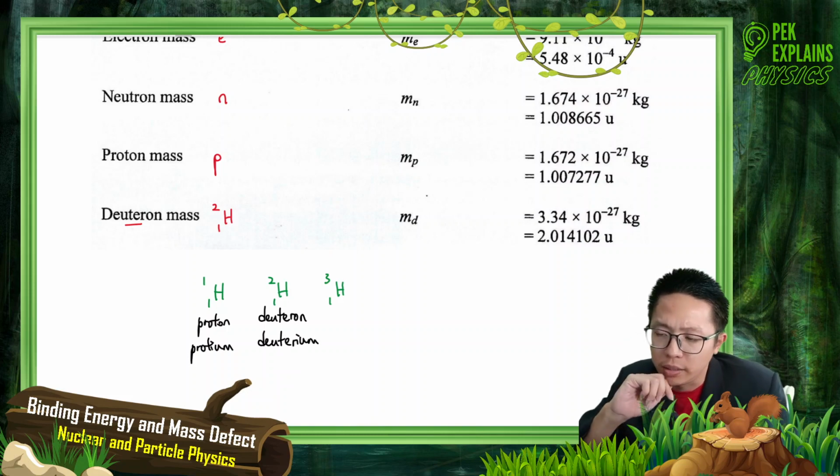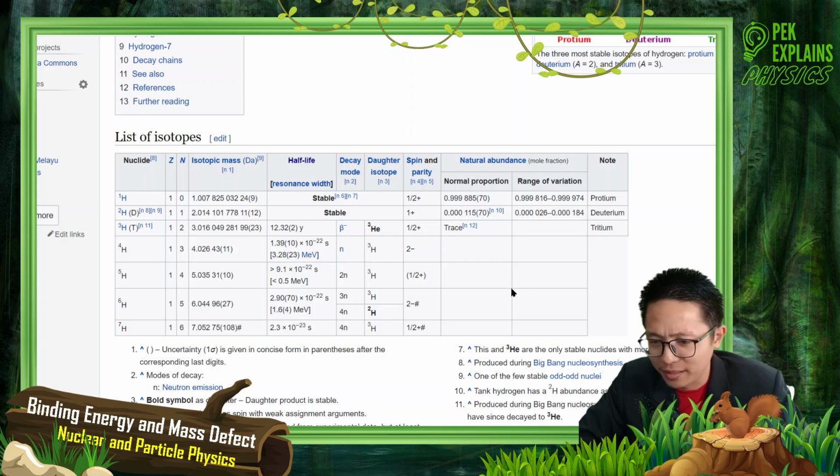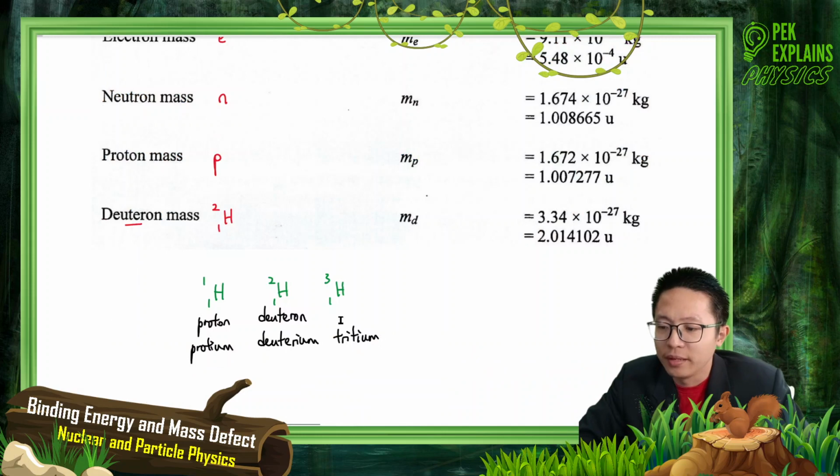This one is called tritium. I haven't heard about triton. Triton means something else, a mythological creature. I heard it's tritium.